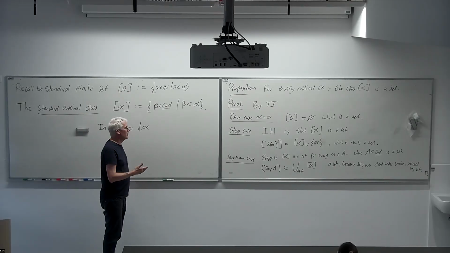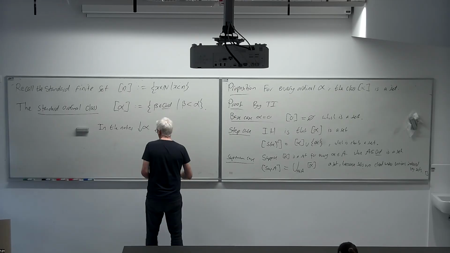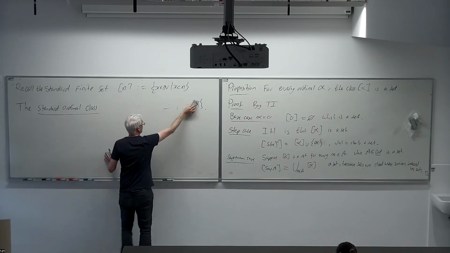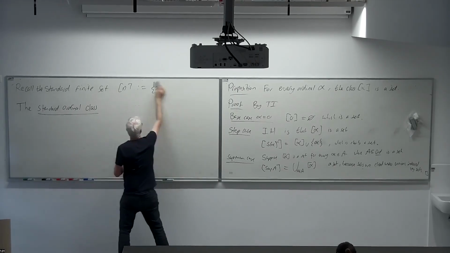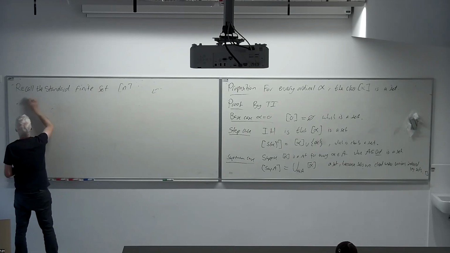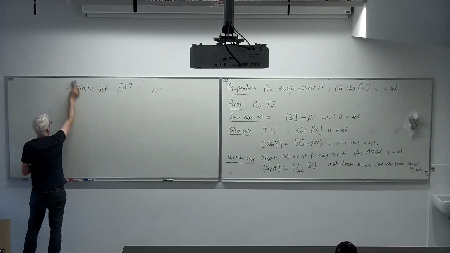Only you can't, because what we're now going to prove is that the ordinals are a proper class, necessarily. You cannot assume that the ordinals form a set. So this is where the ordinals really differ in a big way from the natural numbers.